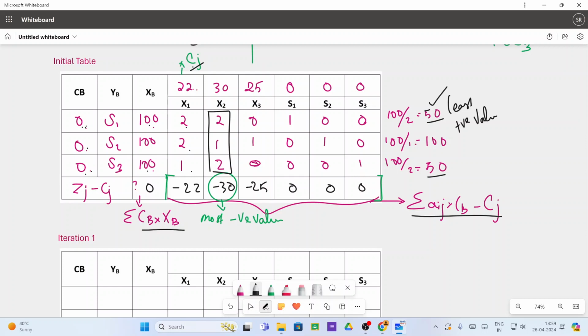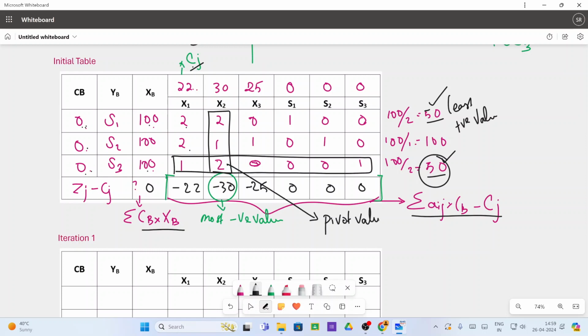If I want to choose this, I can do it, or if I want to choose that, I can do it. I'll just go with this 50. So I have to select this particular row. Now this is going to be the pivot value.